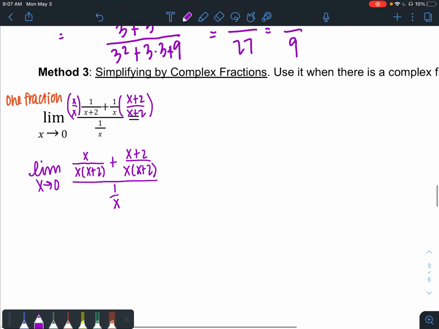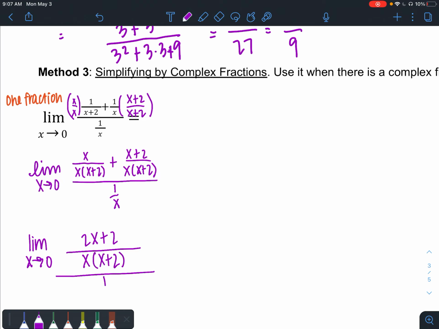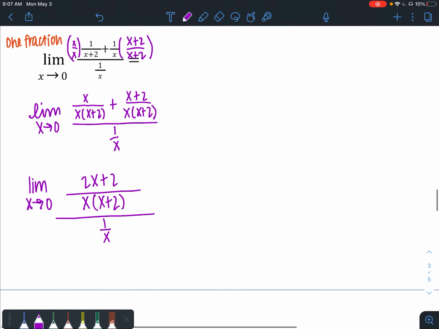Okay, so then we have the limit as x approaches 0 of 2x plus 2, adding these together, over x times x plus 2 all over 1 over x.